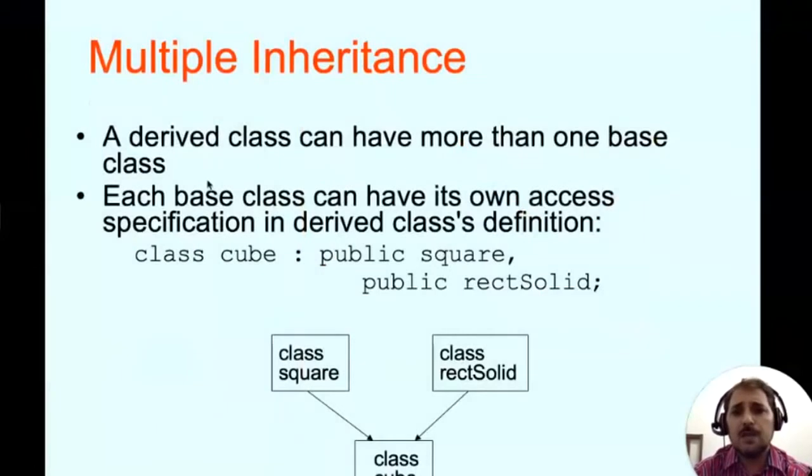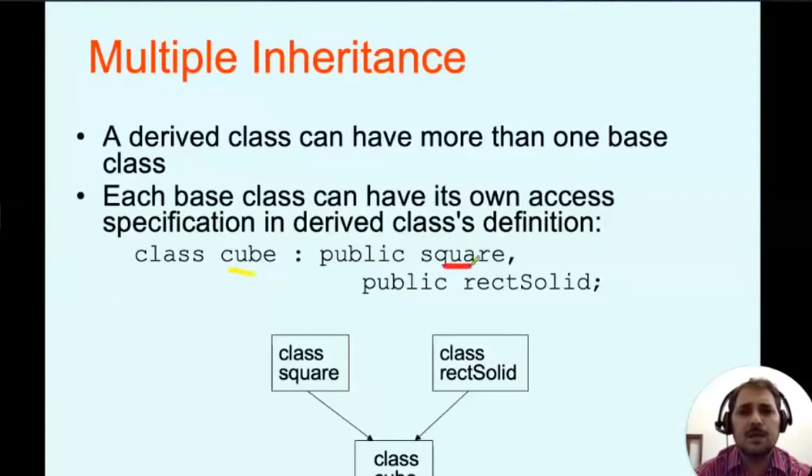So a derived class can have more than one base class. If the derived class has more than one base class, it is called multiple inheritance, and each base class can have its own access specification in the derived class. For example, if we have a class cube and we want to derive it from a class square and a class rect solid, we can derive like this: class cube is derived from class square and from class solid rect.